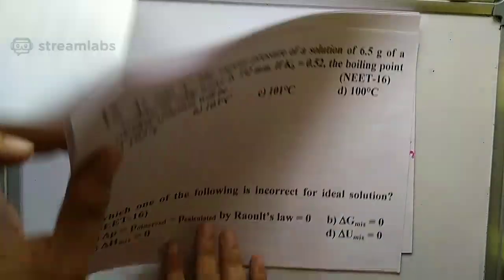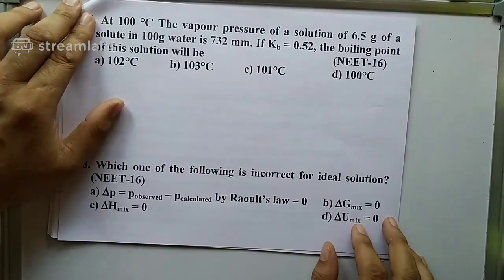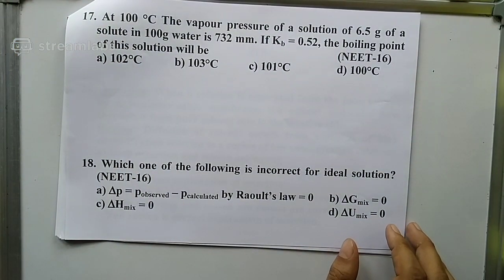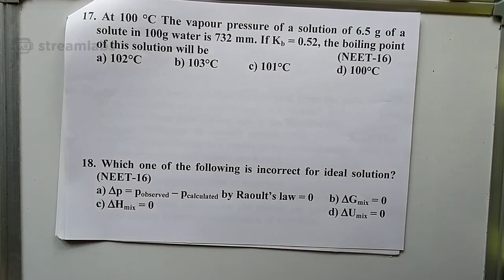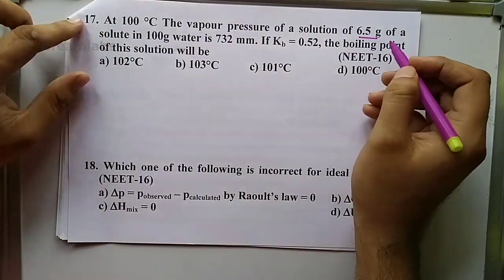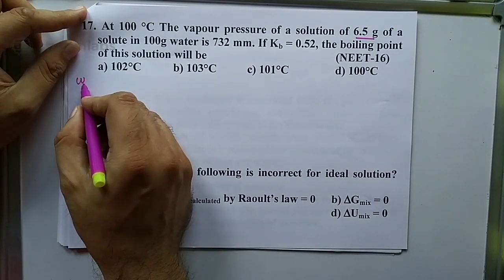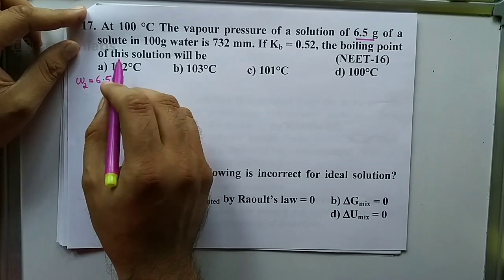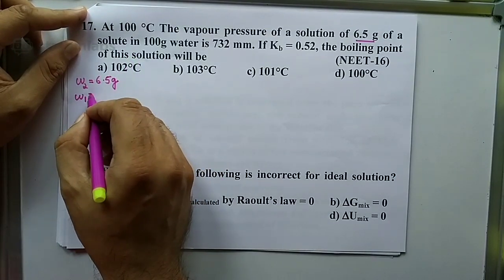Question number 17. At 100 degrees Celsius, the vapor pressure of a solution of 6.5 gram, so W2 is equal to 6.5 grams, dissolved in 100 grams of water.